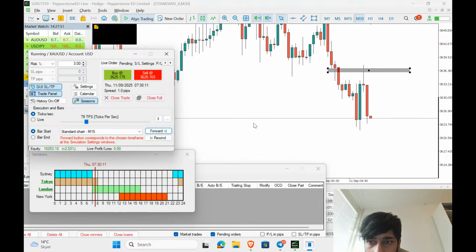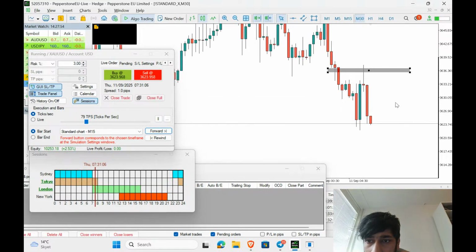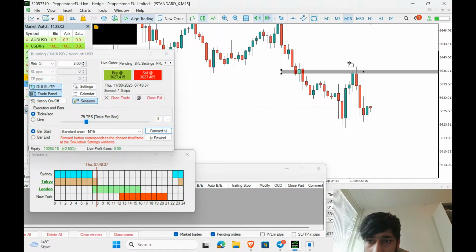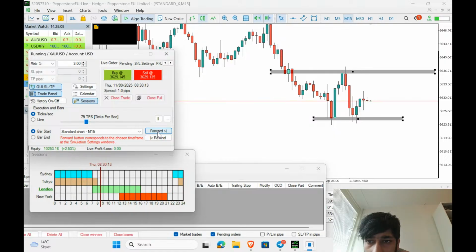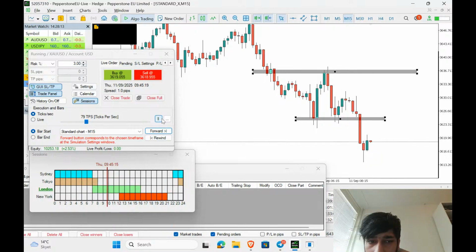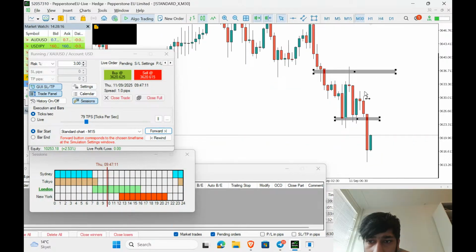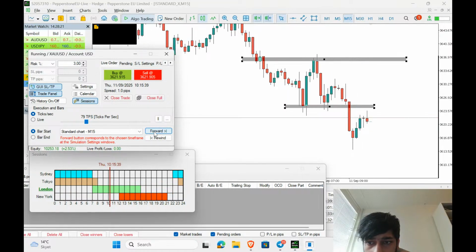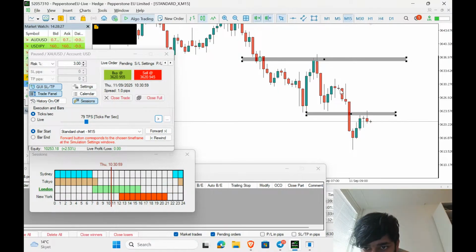Forward. Was a good trade, but is it a good buy? No, because we are in downtrend. Support. We found resistance. Came down, we consolidated, came down, formed resistance.